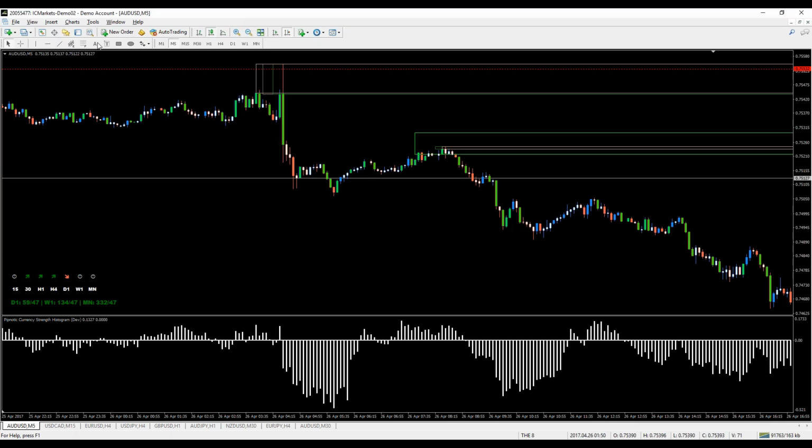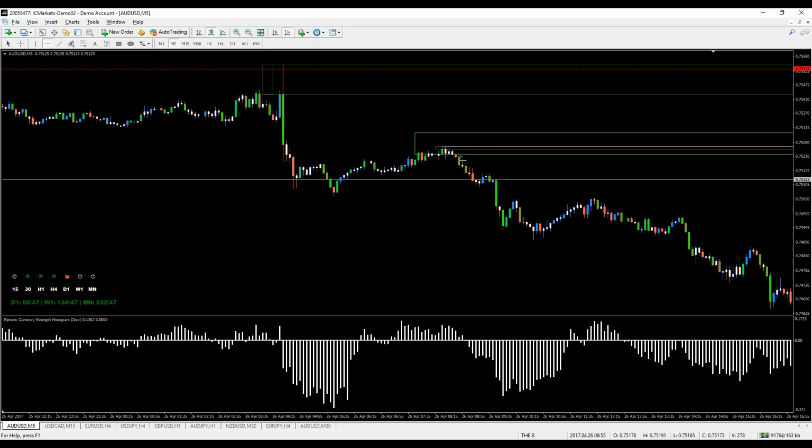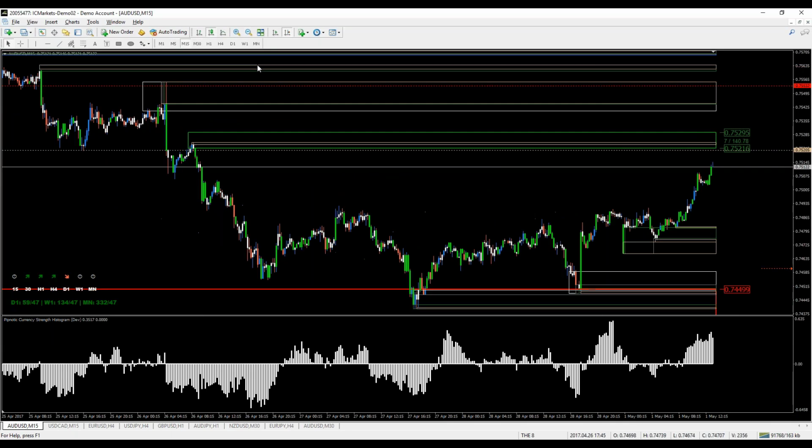But you can see here that when price came up to here on its way down, price has not been back there since then. So I think that's a pretty decent area for a small reaction. And you'll often find that when price comes back to these levels, it bounces almost every time, which is pretty phenomenal. Yeah, so we have that.